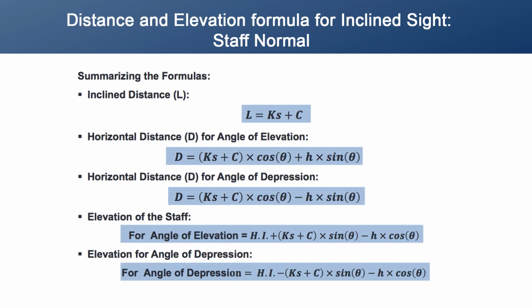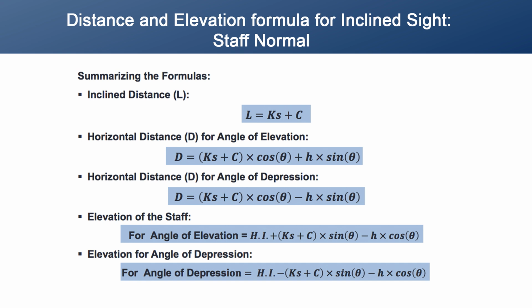Summarizing the formulas that have been derived for the distance and elevation for inclined sight: for inclined distance, L is equal to Ks plus C. The horizontal distance D for angle of elevation is D is equal to (Ks plus C) into cos theta plus h sin theta, and the horizontal distance D for angle of depression is D is equal to (Ks plus C) into cos theta minus h sin theta.